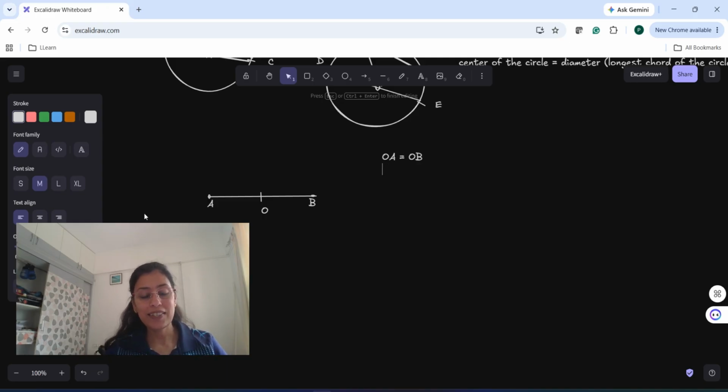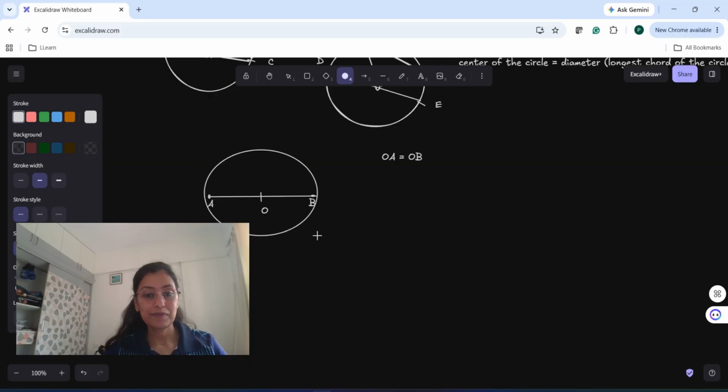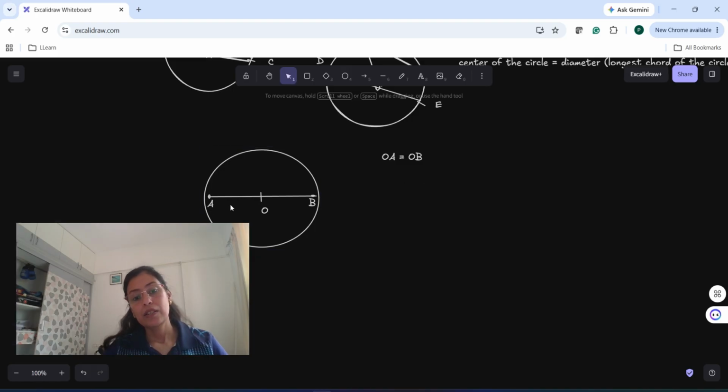So if I use this O as a center for my circle, I can make a circle which will pass through A and B. OA is equal to OB.